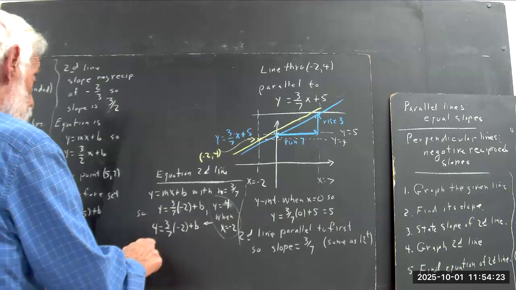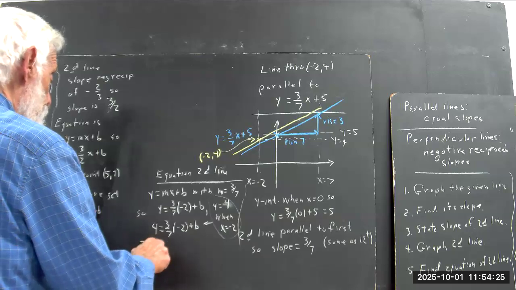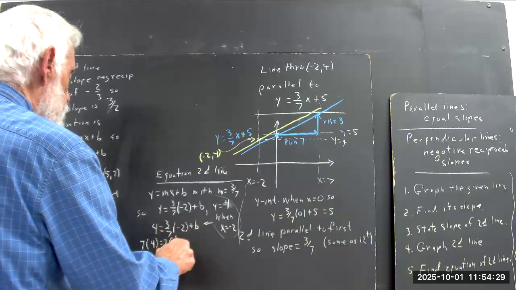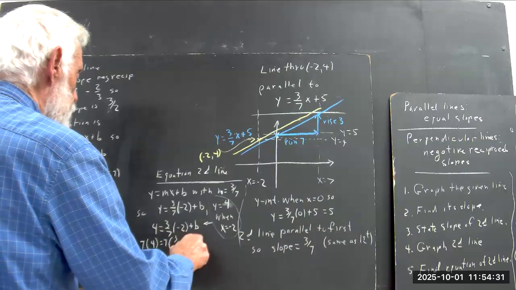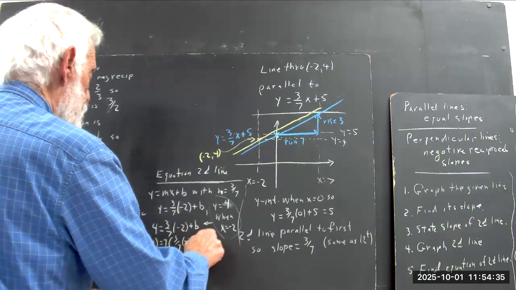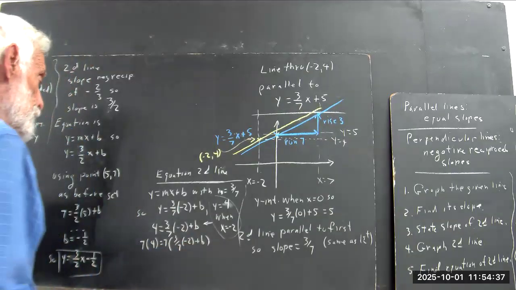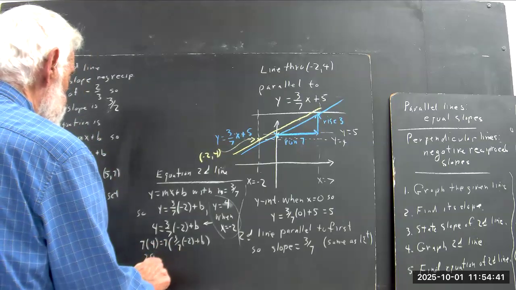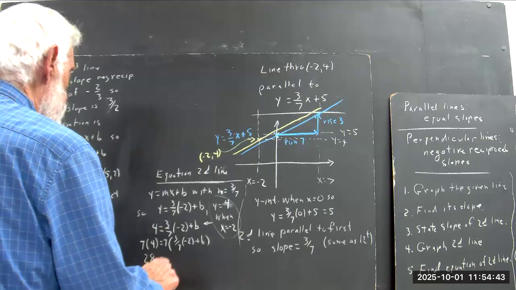We multiply both sides by 7, being sure that we put the entire right-hand side of the equation in parentheses. So we'll remember to multiply everything by 7, and we get 28 equals.